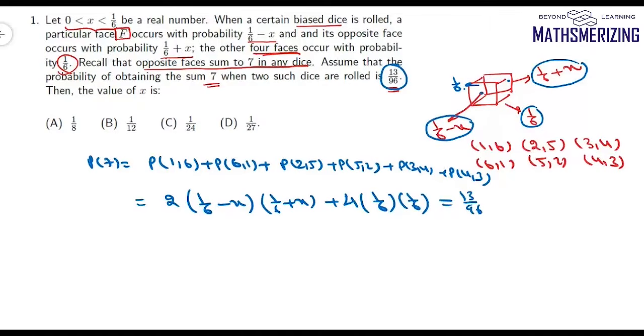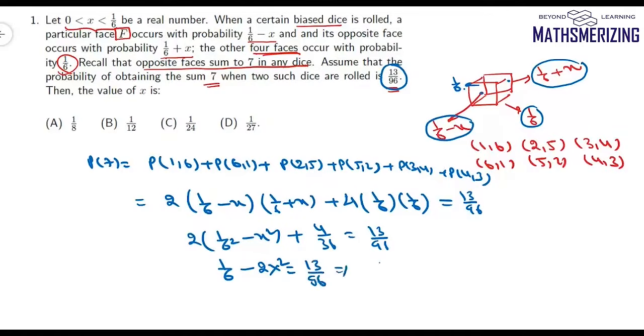So I can write it as, so this is 2 and this is 1 by 6 square minus x square, and then plus 4 by 36 equals 13 by 96. So here it will be 2 by 36 plus 4 by 36, 6 by 36 is simply 1 by 6, minus 2x square, and this is 13 by 96. So I can write 2x square as 1 by 6 minus 13 by 96.